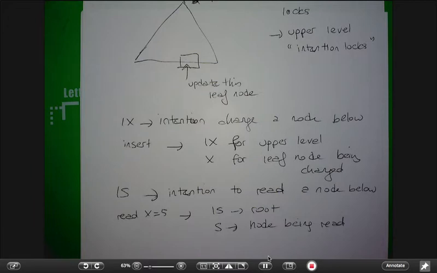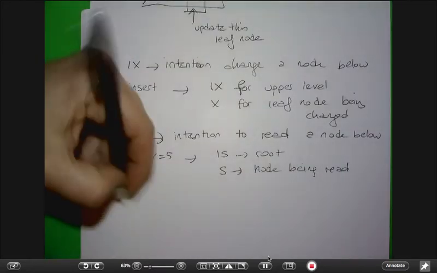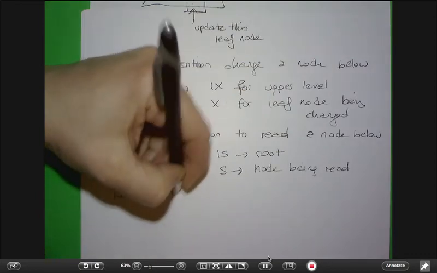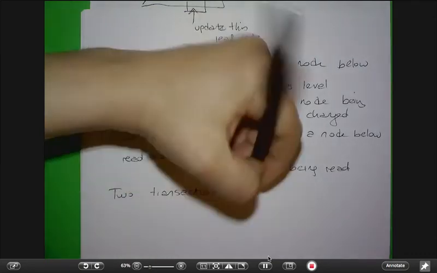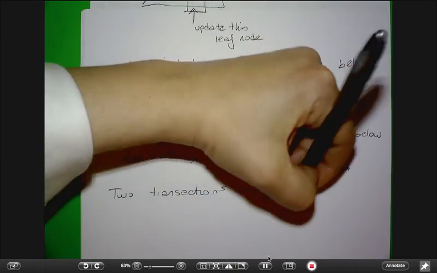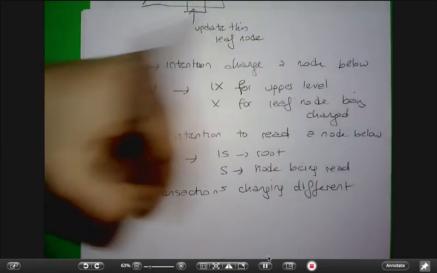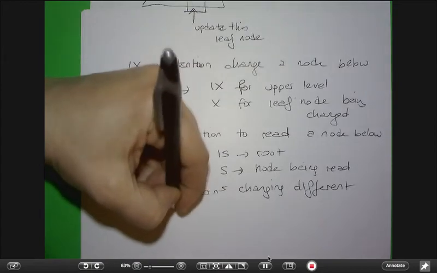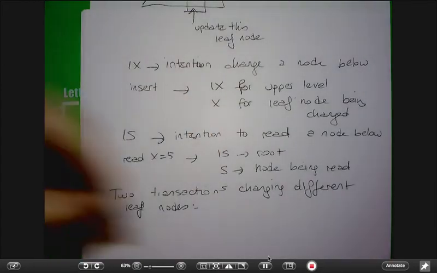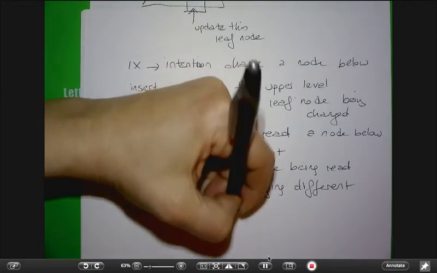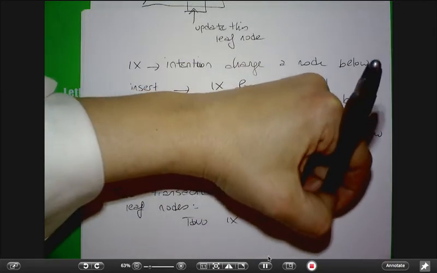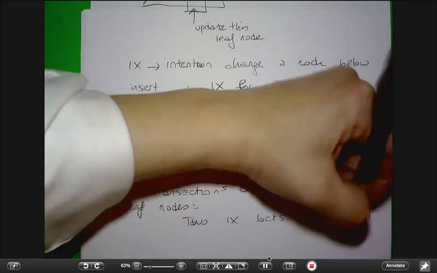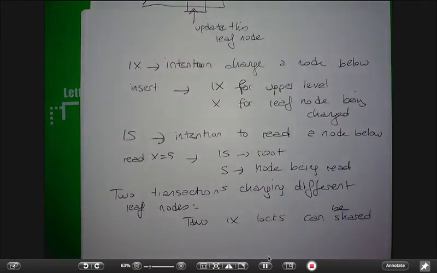So the intention locks basically allow you to do this in such a way that you can have the following. Suppose you had two transactions changing different leaf nodes. This is possible because you can have two IX locks as long as the node that you are going to lock for an X is different, right?